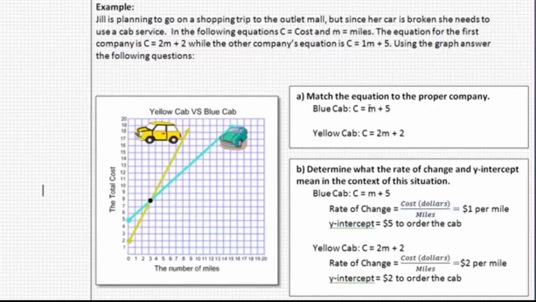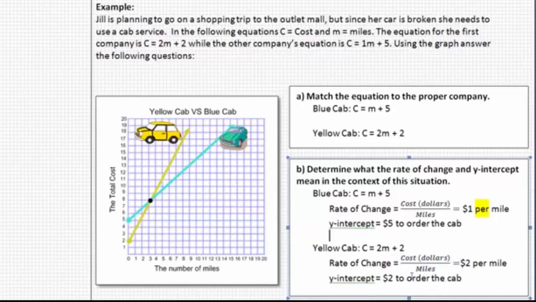So that 1, remember we said there's a 1 hiding there, it means that it's going up $1 per mile. Per is going to be a really key word throughout this unit, so you may want to highlight that. And again, we're talking about the blue cab. So the y-intercept is that $5 just to call up and order the cab to have them come pick me up.